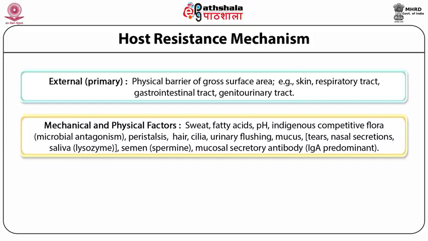Certain kinds of active elements such as lysozyme in saliva, spermine in semen, and IgA, the mucosal secretory antibody, prevent localization of pathogen in the body and thus protect the body from pathogen infection.